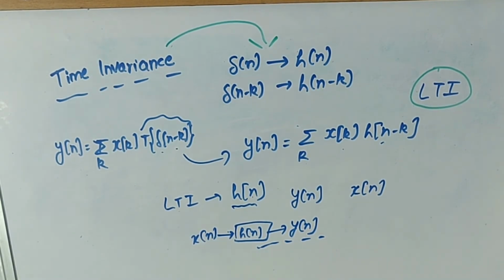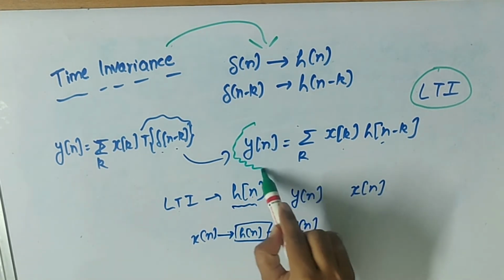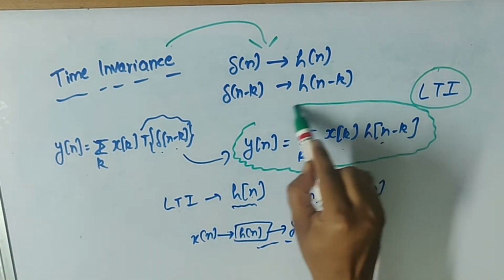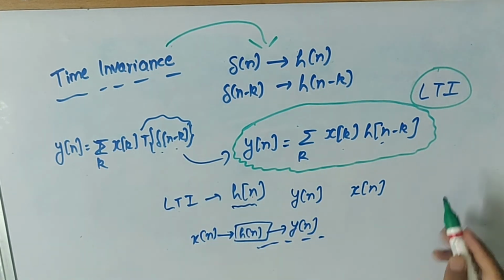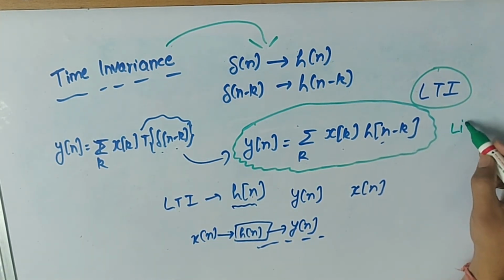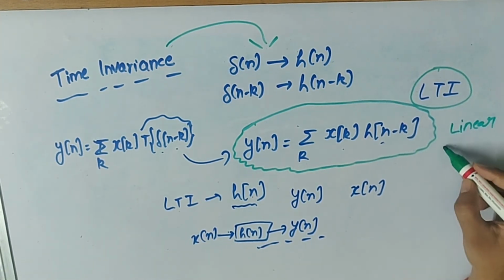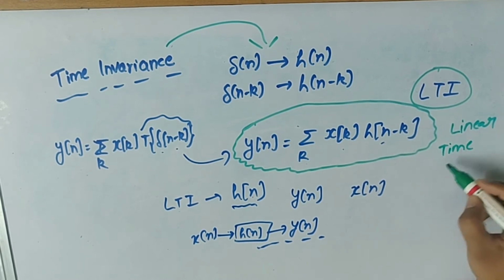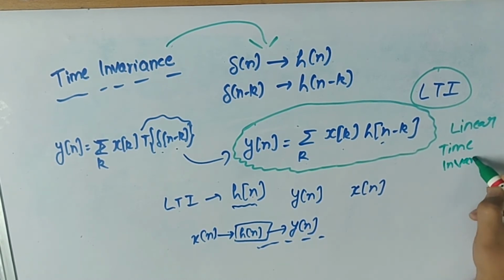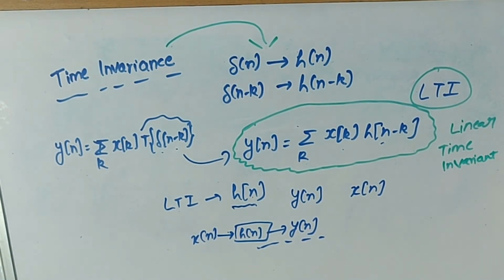This equation holds because we assume that our system is linear and time invariant. These properties are of great importance in signal processing applications, so this equation is very useful from a signal processing point of view.